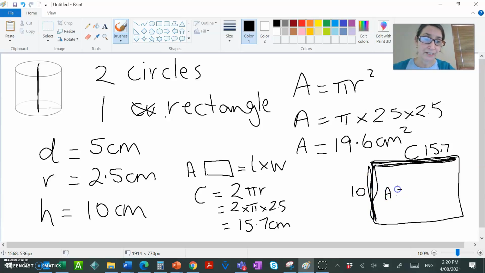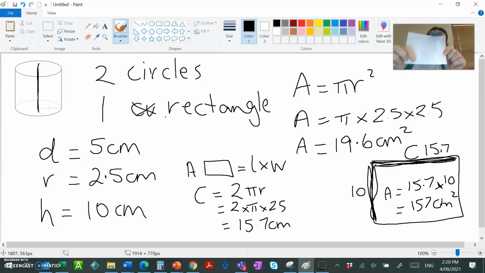So this area is equal to 15.7 times 10, and I can do times 10 in my head. That's 157 centimetres squared. All right, now we've got it. We've got a circle at the top here. We've got our rectangle, and we've got our other circle at the bottom. So now we can work out the total surface area of this cylinder.